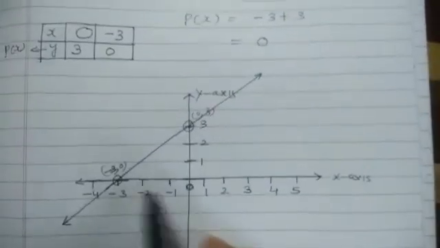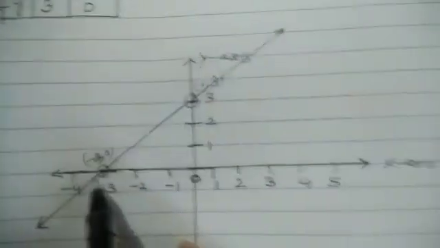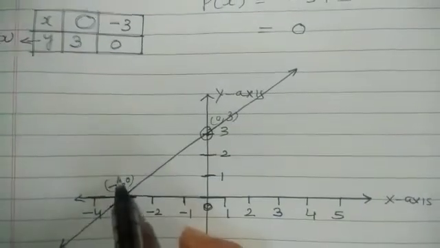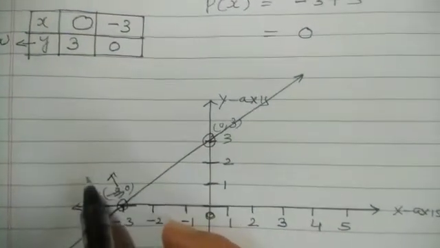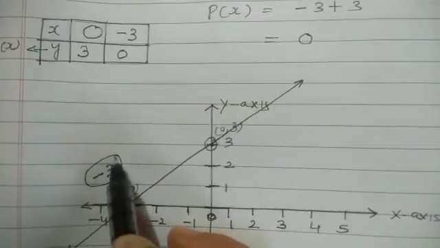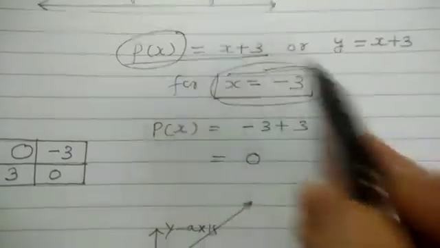Now from graph you can see this graph intersect the x-axis at this point. And what is the x-coordinate here? X-coordinate is minus 3. And minus 3 is the 0 of this polynomial.